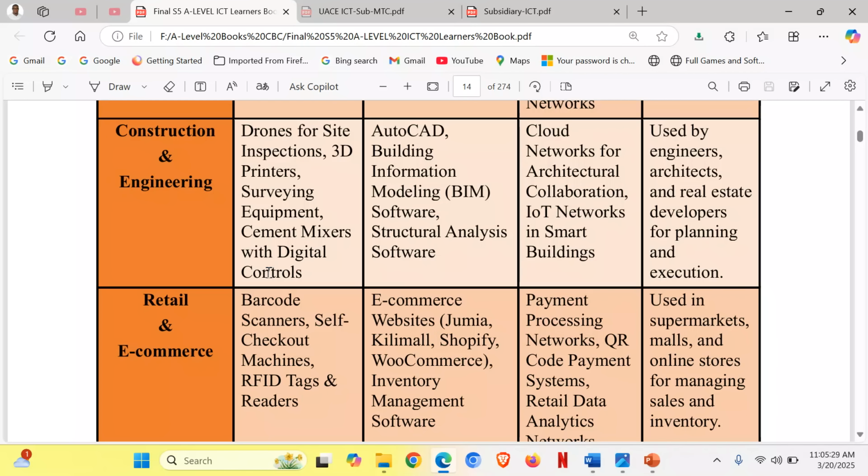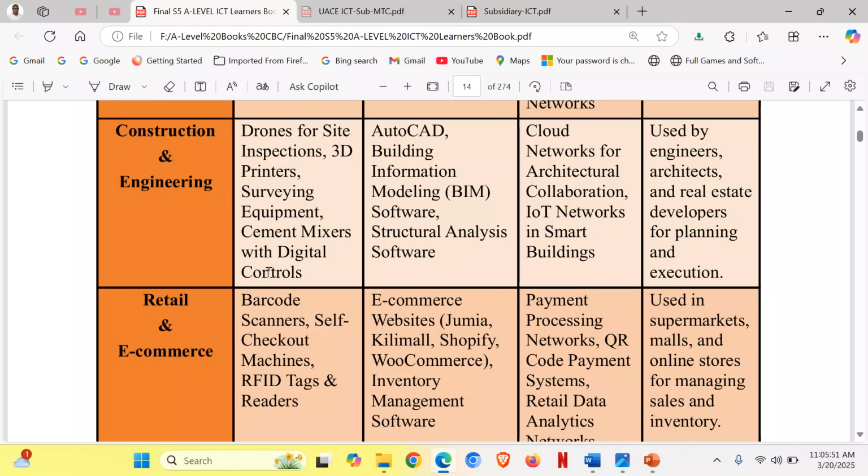Then let's look at construction and engineering. Here, the hardware ICT tools, we have drones for site inspection, 3D printers, surveying equipment, cement mixers with digital controls. What are some of the software tools in construction and engineering?